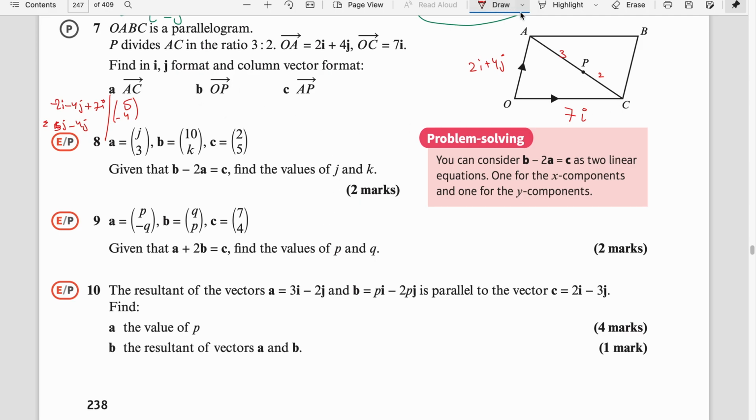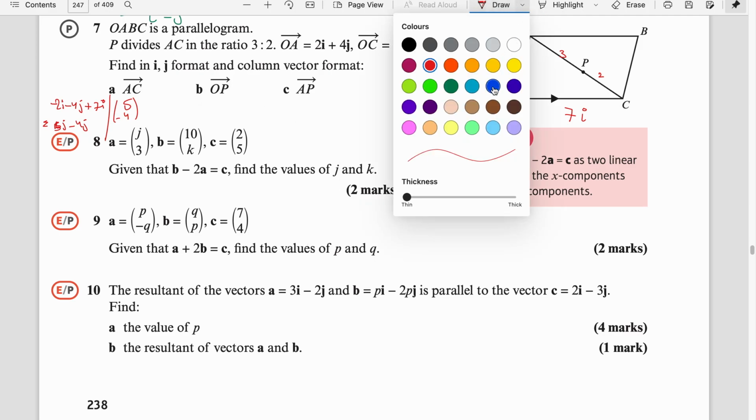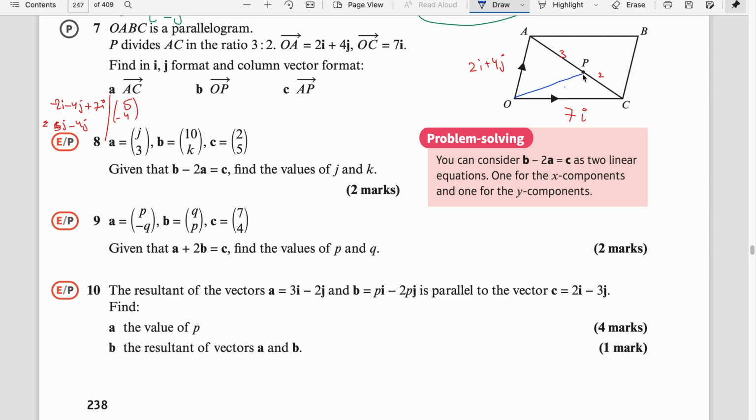For OP, let me write that OP is equal to OA plus AP. Now we have actually solved for AC. The OA is already given in the question, and for AP, may I write it is 3 by 5 of AC?